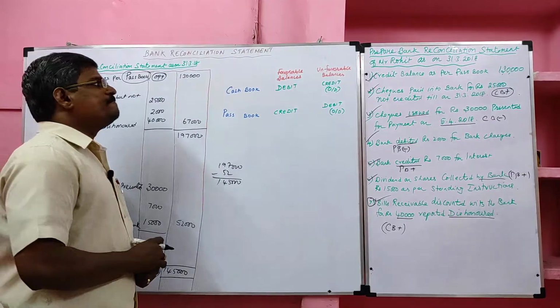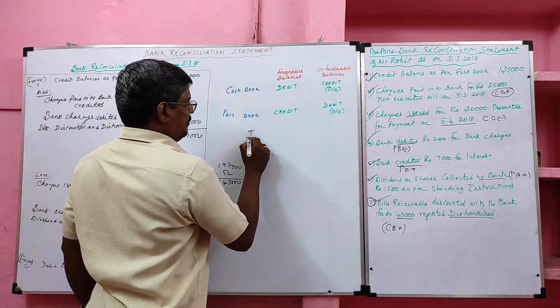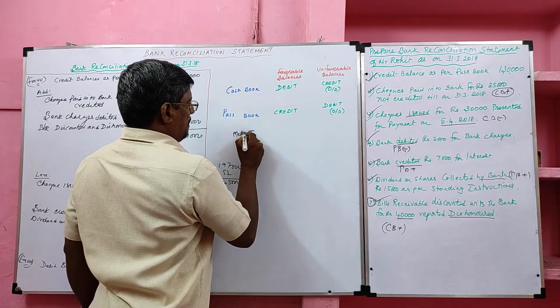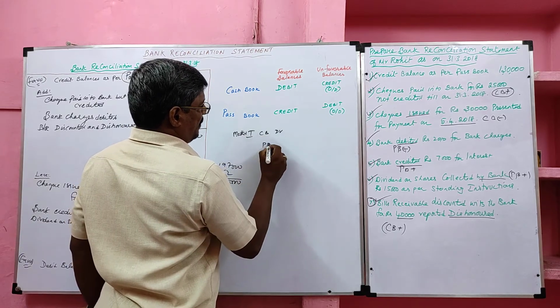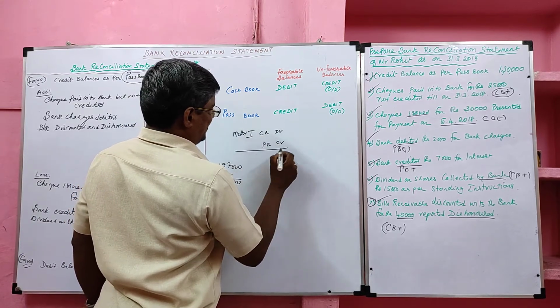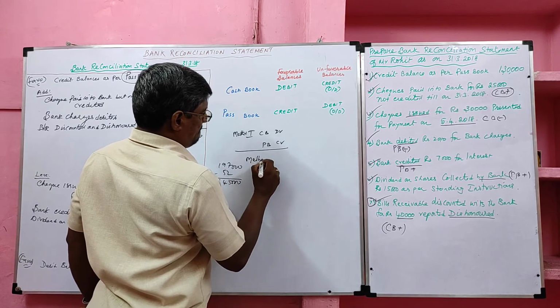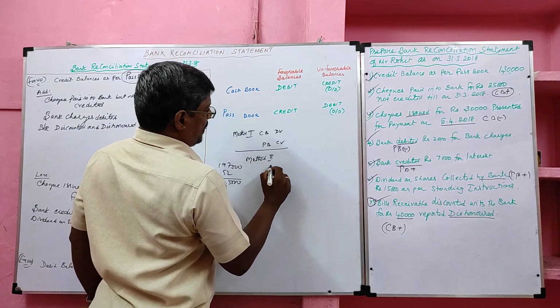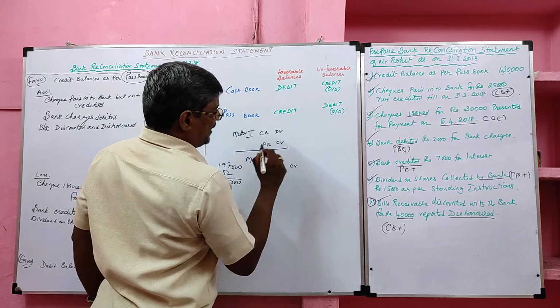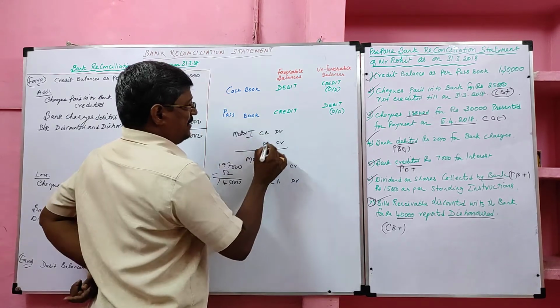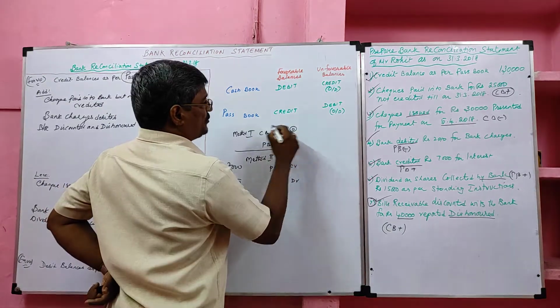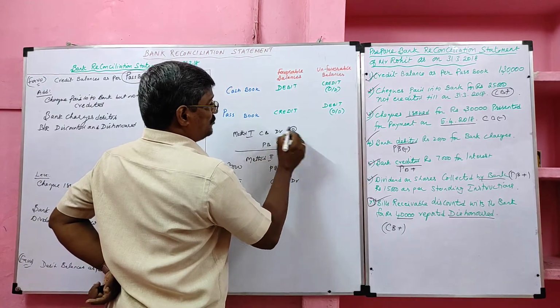Students, once again, in method 1, cash book debit balance given, we have to find passbook credit balance. In method 2, passbook credit balance given, we have to find cash book debit balance. In first method, for cash book we should give opposite effect.